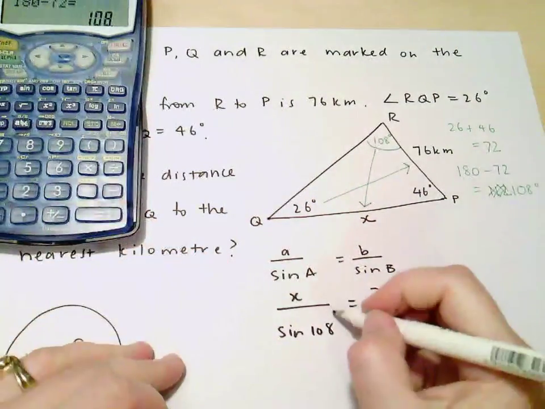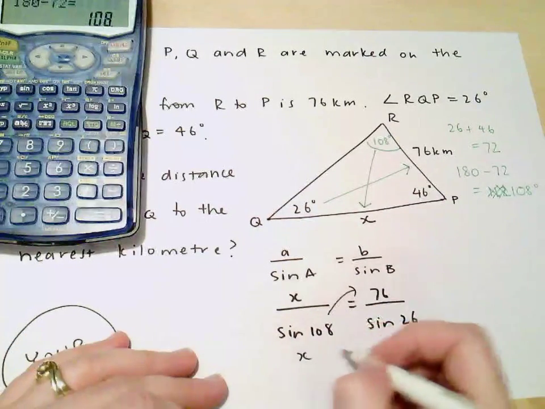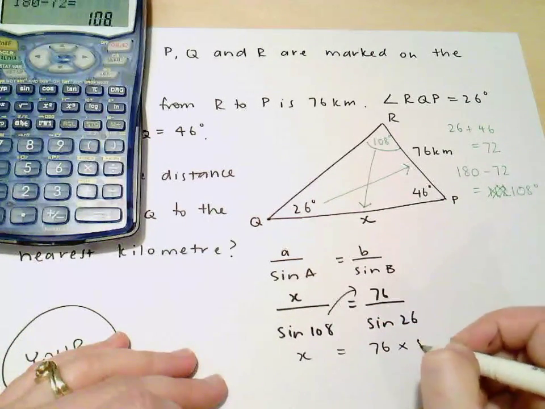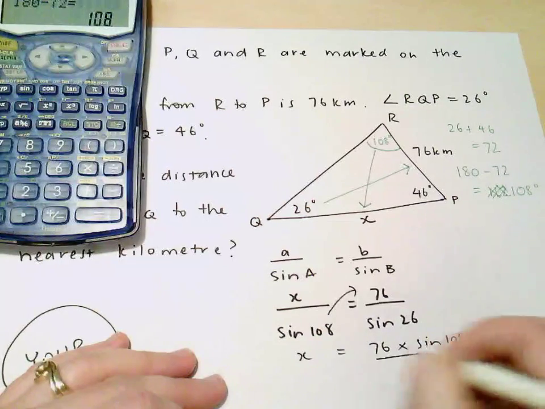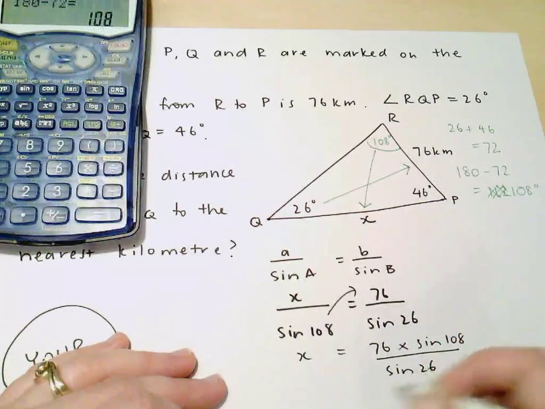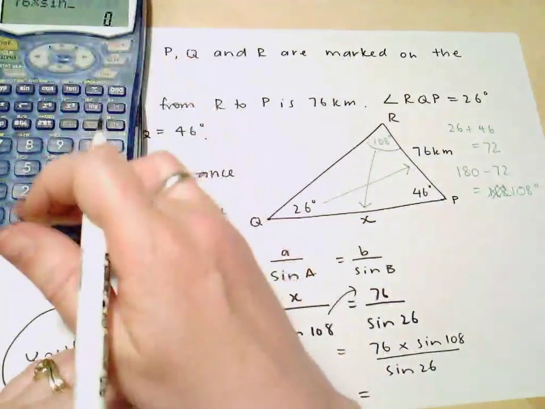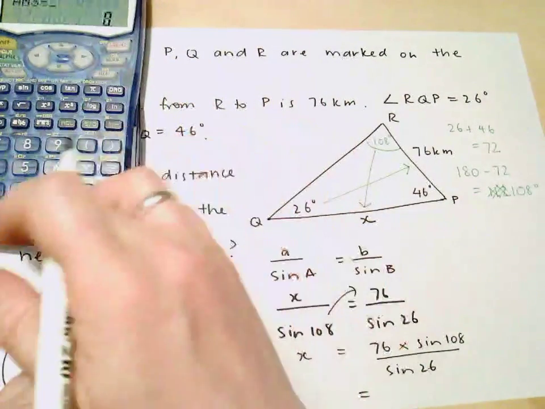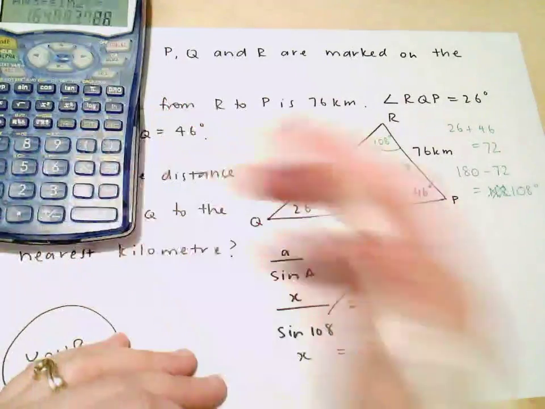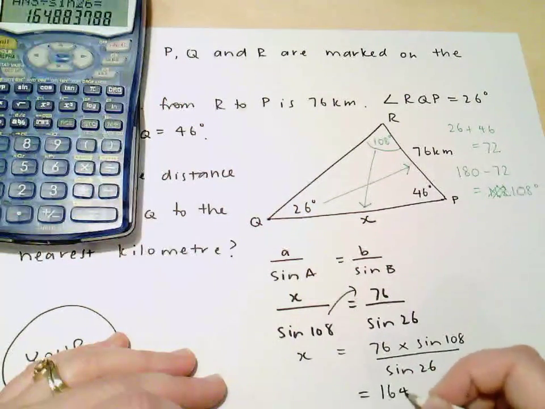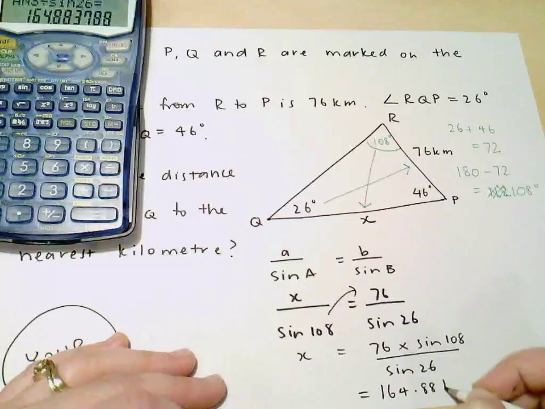I bring it up, I rewrite it, and whack it in my calculator. Hopefully it gives me the answer that I'm after. Sine of 26 gives me 164.88 kilometres here. And they've asked me to round to the nearest kilometre, so I'm going to say that this is 165 kilometres.